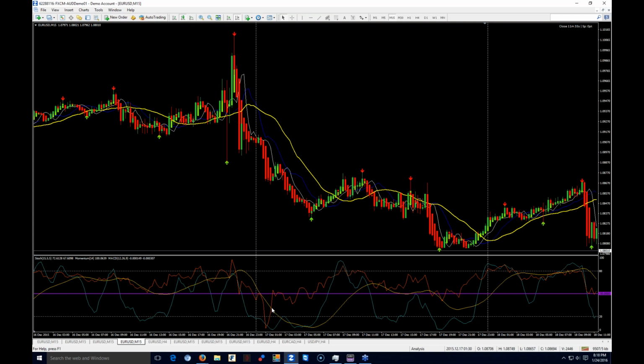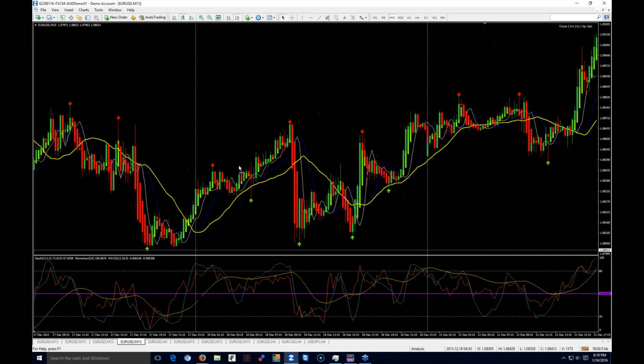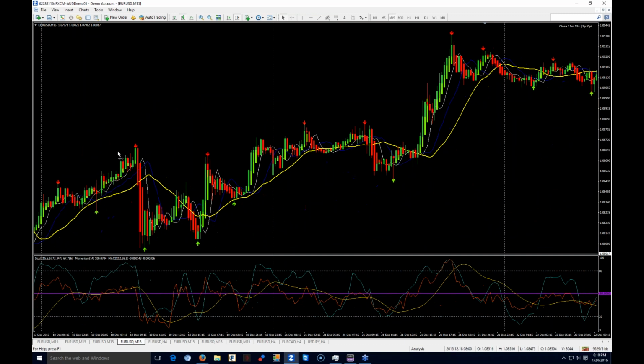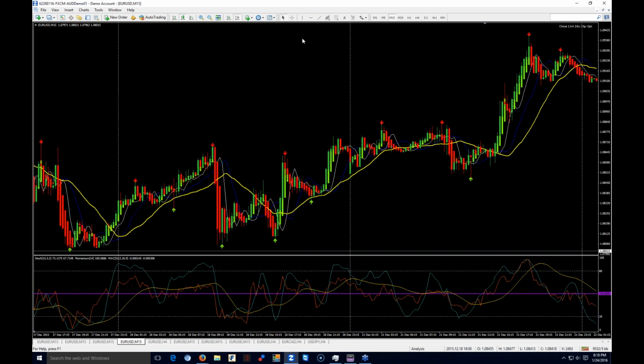Normally that's your first entry. Your second entry would be your other kill line here. And we'll probably just mark up the chart so that it's way better. Probably here, really quick.